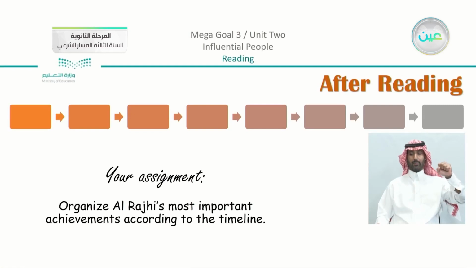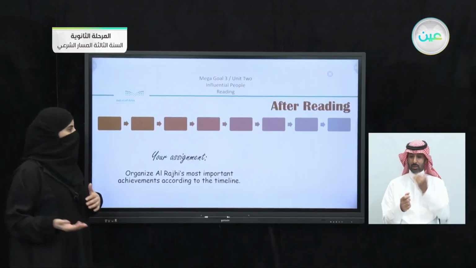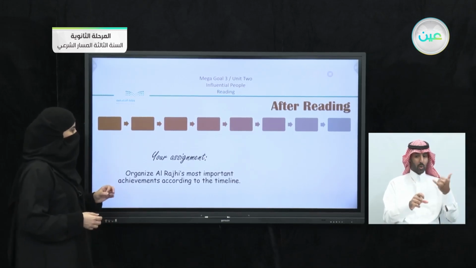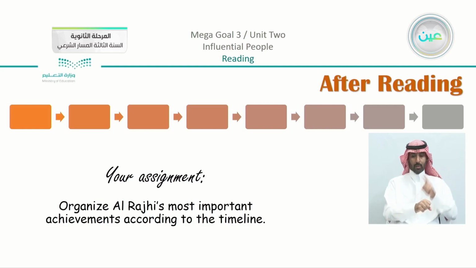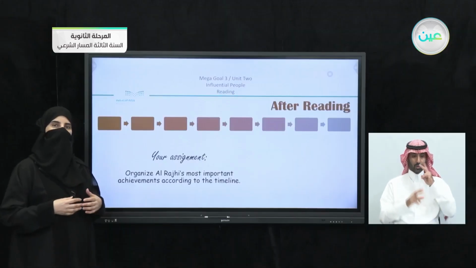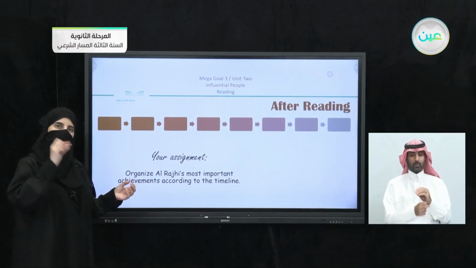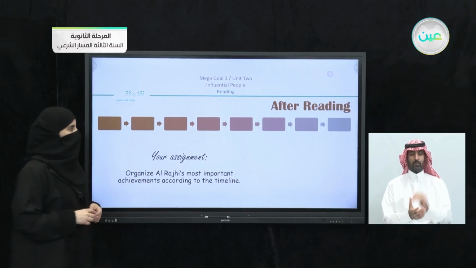We also have a timeline that we are going to fill together in our next lesson. So your assignment is to organize Rajhi's most important achievements according to the timeline. Take your time and search for the achievements that we mentioned and put them in order as we have in the timeline.